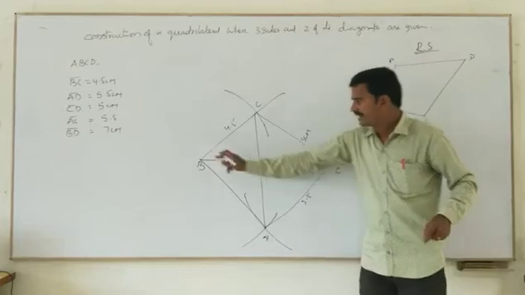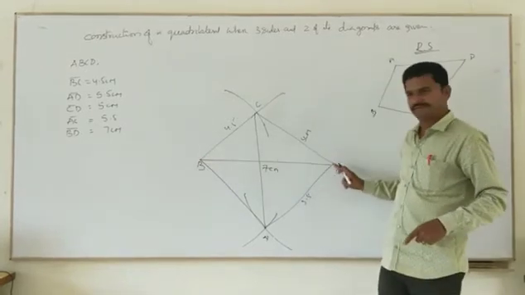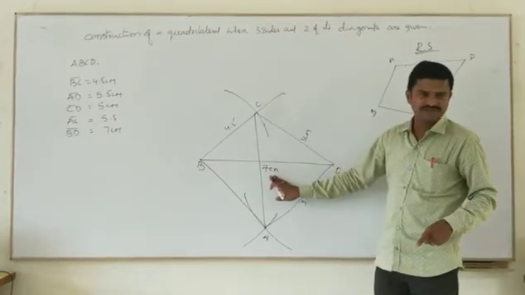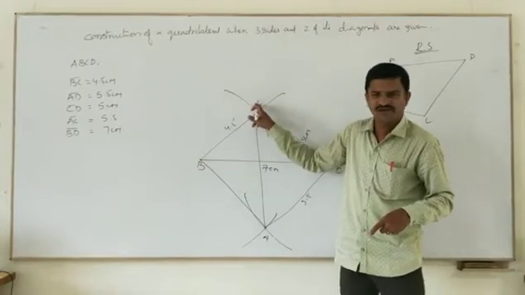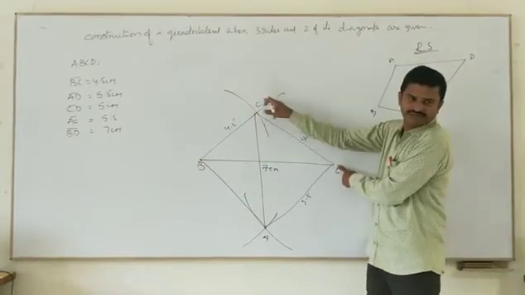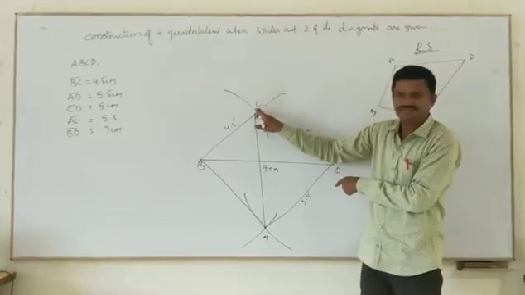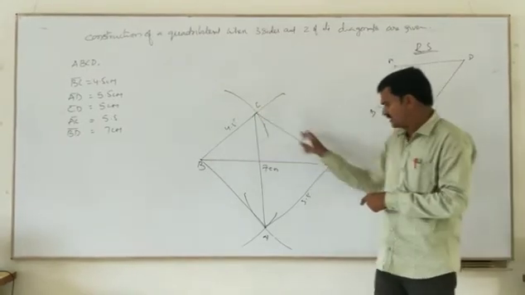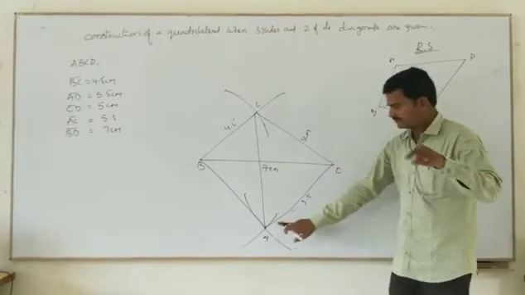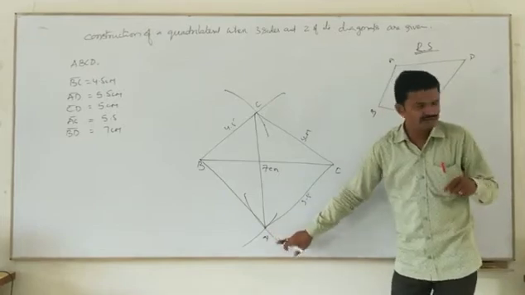First what I did, I have drawn a line segment BD, 7 centimeters. And then I have drawn an arc from B with radius 4.5 and from D 5 centimeters. Those two arcs intersect at one point, that is named as C. Join BC and DC. Now A we need.